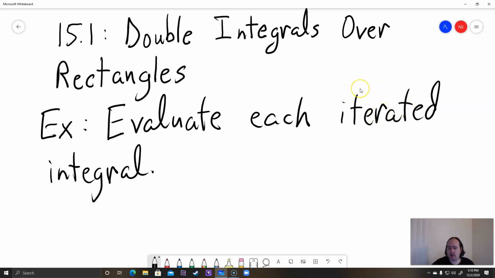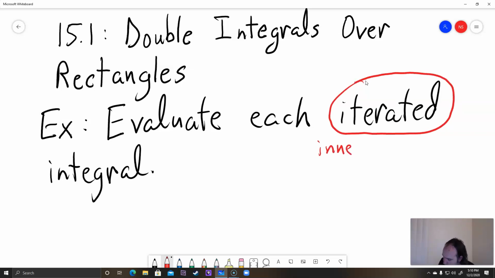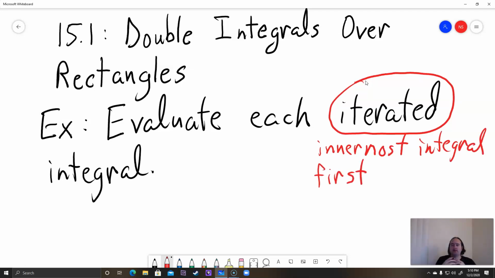It will be a double integral, but you do your innermost integral first, and then you work your way outward. So you work from the inside outwards.